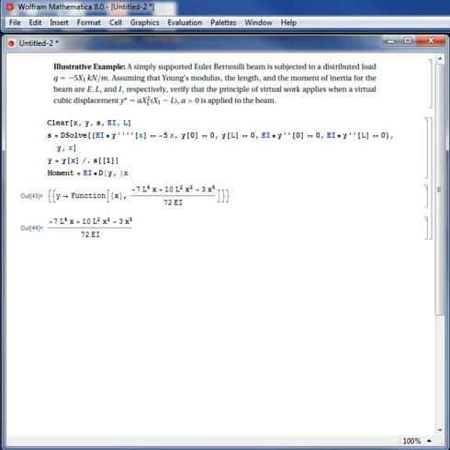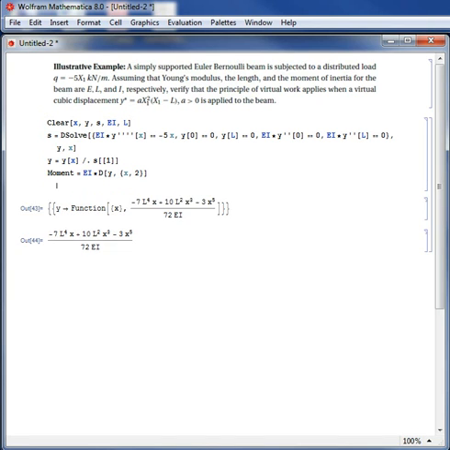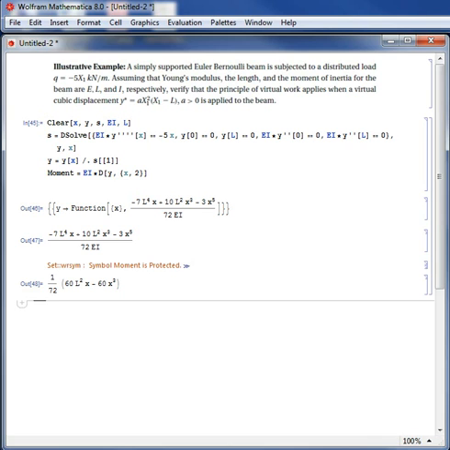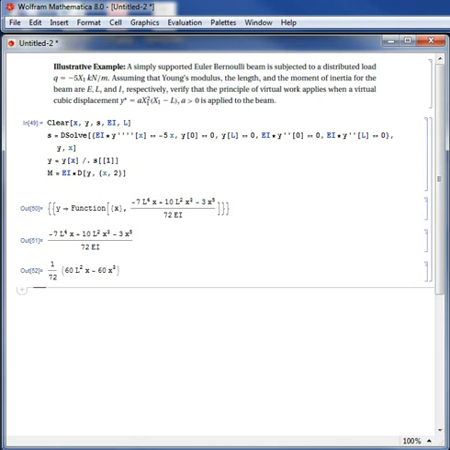The second derivative of y with respect to x is obtained by taking dy with respect to x twice. This is how the syntax is in Mathematica. Or you could do it by differentiating y twice. Oh, the symbol moment is protected, so I'm just going to make it m. M is equal to EI multiplied by dy with respect to x twice.